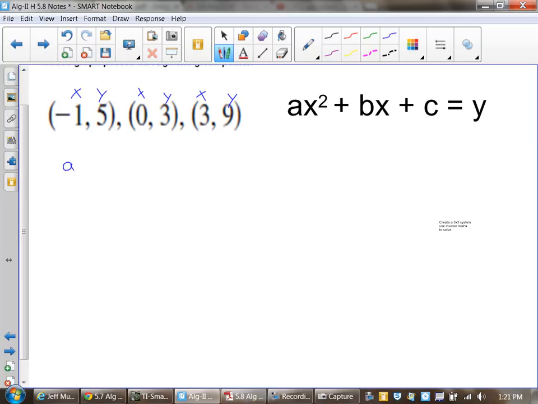So you wind up with the following. A times -1 squared plus B times -1 plus C is 5. That's what the first equation would look like. Do you agree? The second equation would be A times 0 squared plus B times 0 plus C is 3.